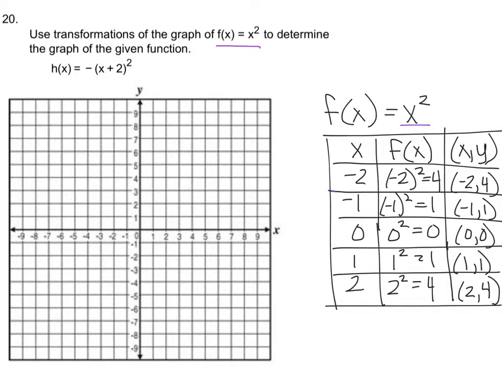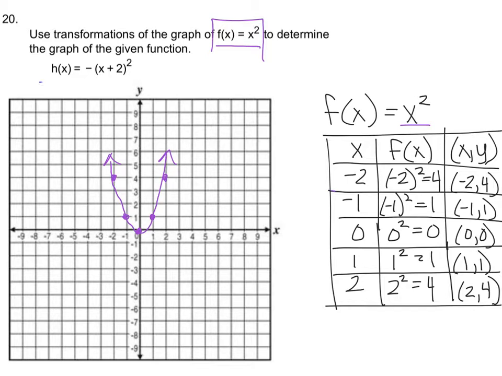And we'll just plot these ordered pairs. And it makes a U shape. So this is our basic graph f of x equals x squared.